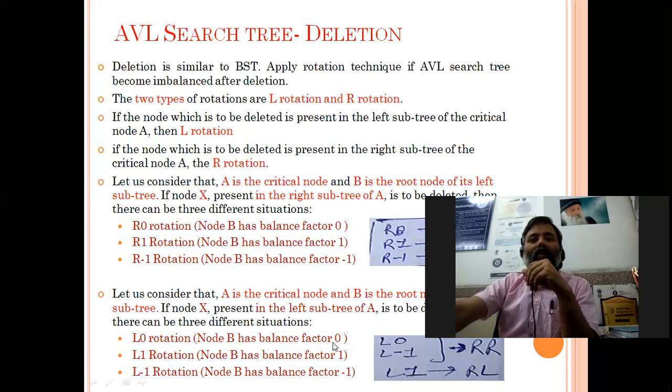And according to the balance factor of this node B, if the balance factor is 0, then L0 rotation, 1, then L1 rotation, and minus 1, then we will say L minus 1 rotation. And again, this L0 and L minus 1 rotation is equivalent to, identical to RR rotation, and L1 is equivalent to RL rotation. So we will see.